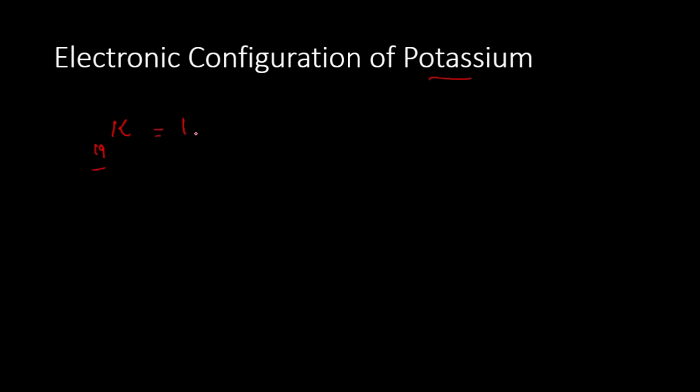So its electronic configuration is 1s2, 2s2, 2p6 just like neon, and then 3s2 and 3p6. And if you see till here the electronic configuration, it is just like argon. So you may write here in bracket argon for all these things. But now there are two subshells, 3d and 4s.